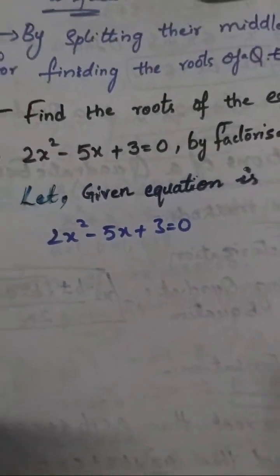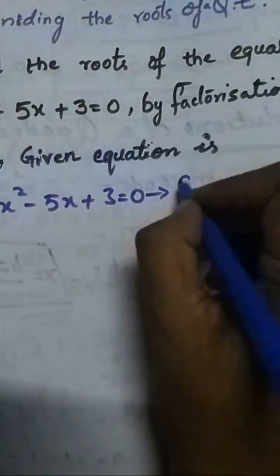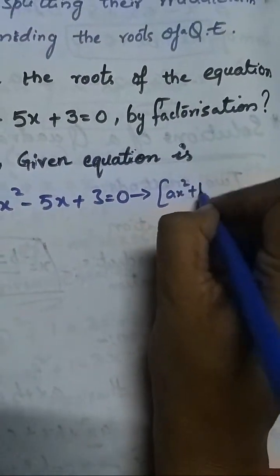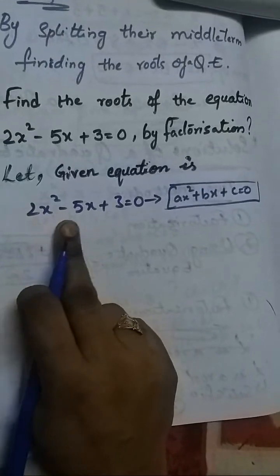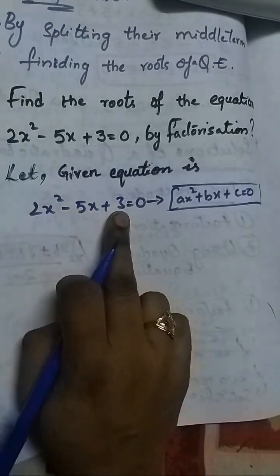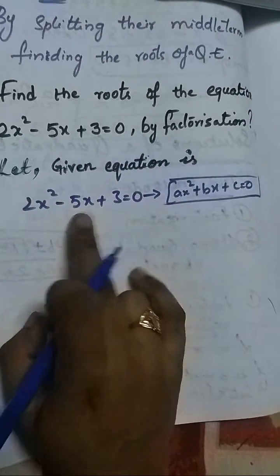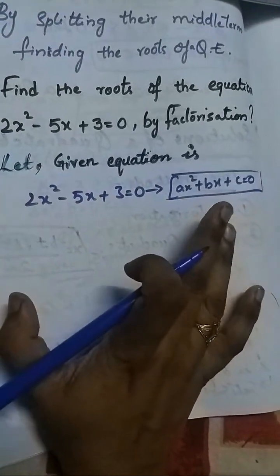Comparing to the standard form ax square plus bx plus c equal to 0, here a is equal to 2, b is equal to minus 5, c equal to 3. Like this, this is in the standard equation form.